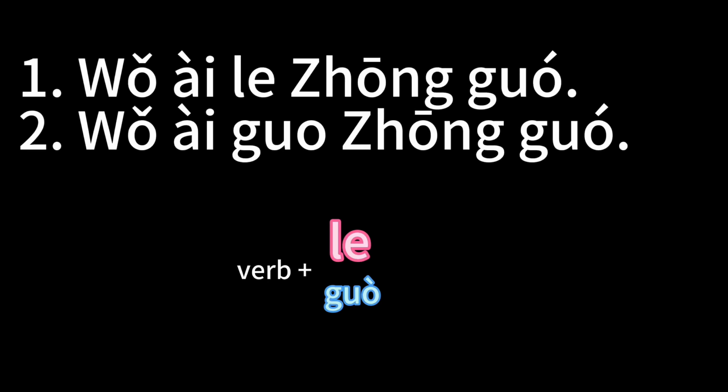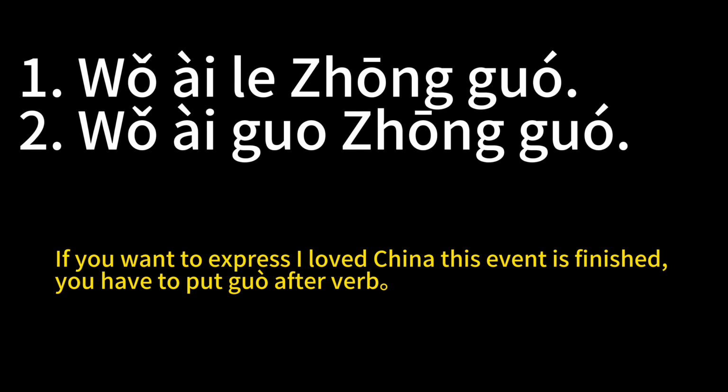Can you guess? We learned that we put 了 or 过 after a verb to show the past tense, right? If you want to express I loved China, this event is finished, in this case you have to put 过 after the verb, okay?